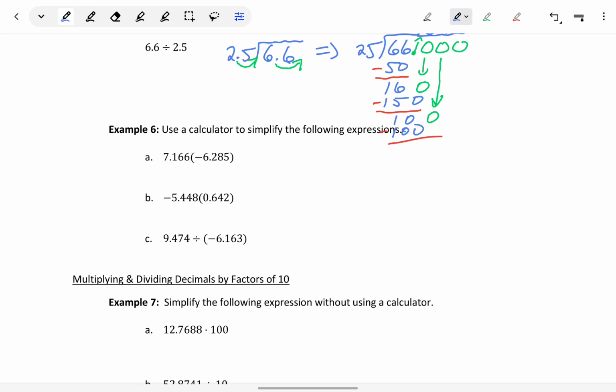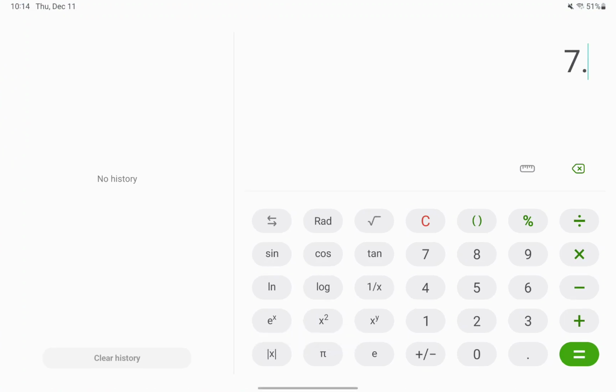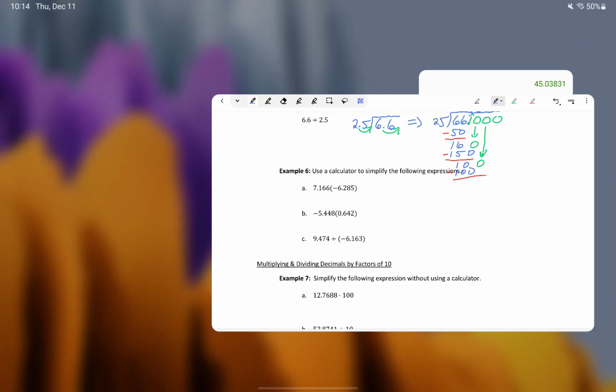So in part A, we're just going to take 7.166 times 6.285. And that will give me 45.038 if we round that to just a few decimal places.